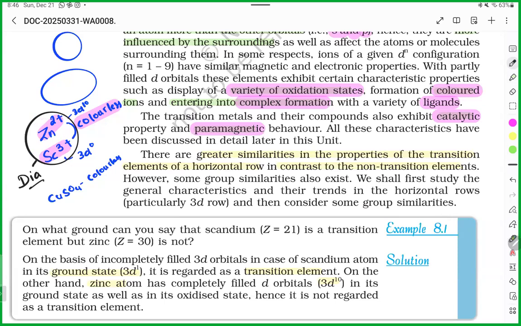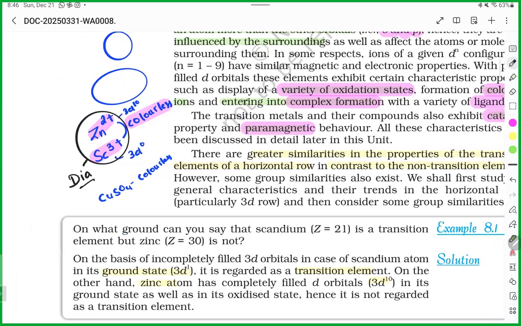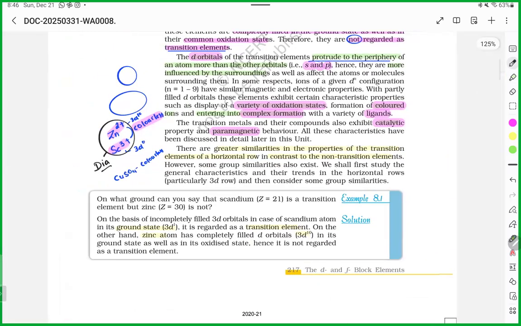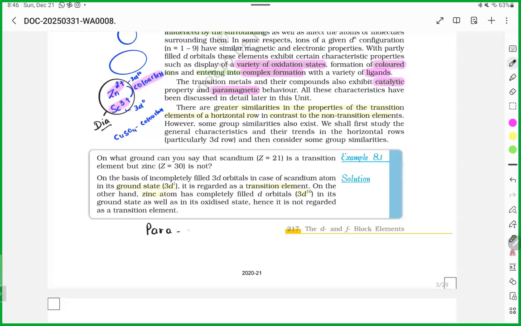Why? Because they have a fulfilled or empty d orbital, so all electrons are paired. The simplest criterion: paramagnetic means unpaired electrons, and diamagnetic means all electrons are paired. Understood, Sarah? Yes, I understood.